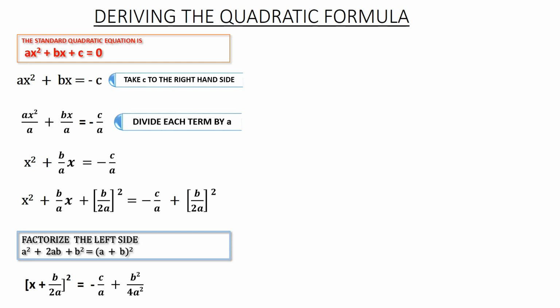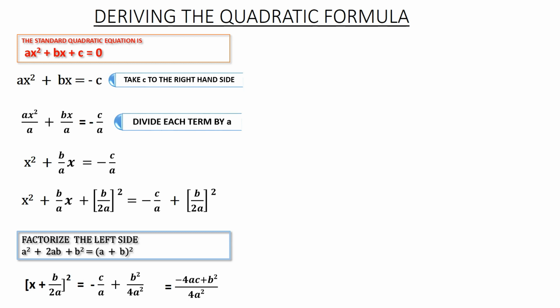After that, if I look at what is on the right hand side, I can actually express it as one fraction. There is a common denominator of 4a squared. And so a divides into 4a squared 4a times, times c, which is the numerator, gets us minus 4ac, while 4a squared divides into 4a squared once, times the numerator, which is b squared, we get b squared.